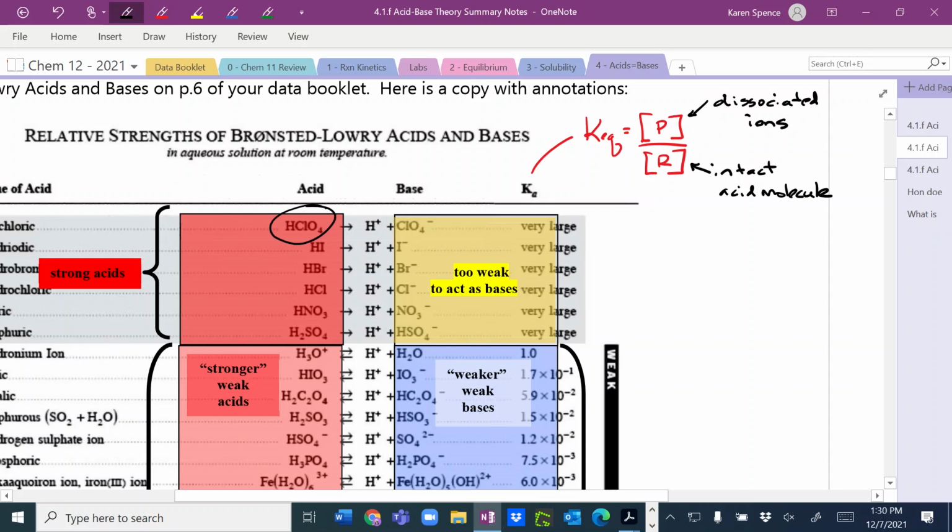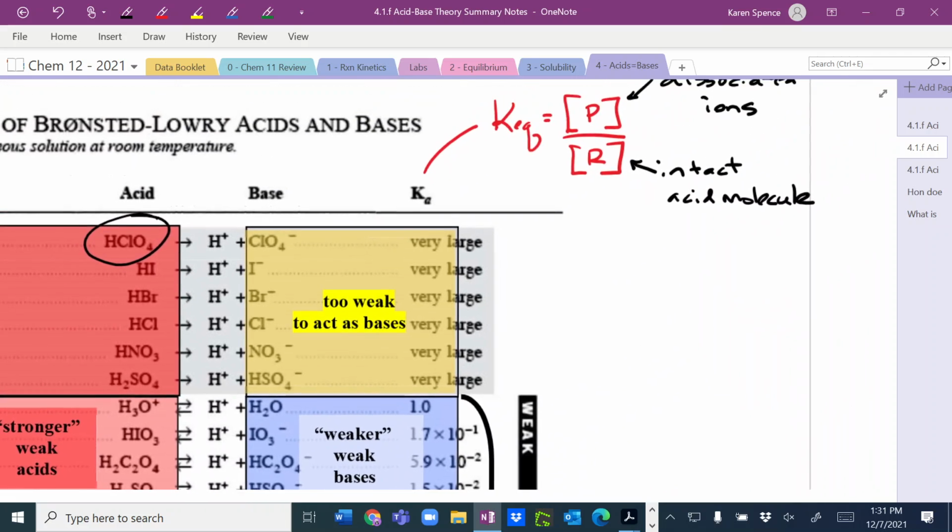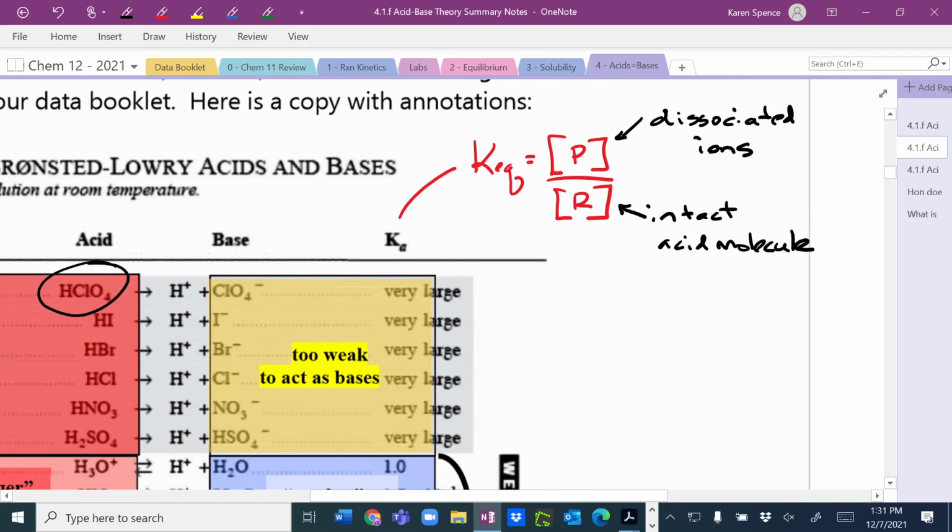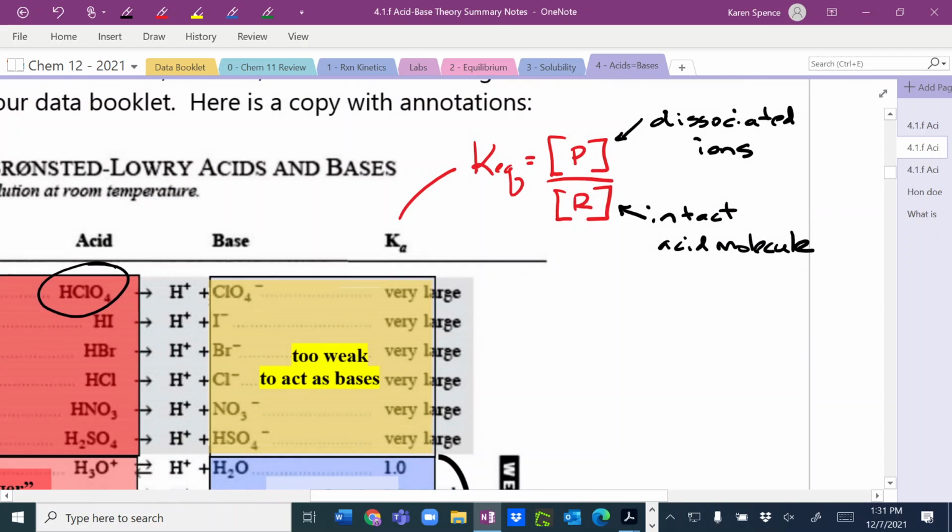So when we say very large, we basically mean that the thing has dissociated completely. So up in that gray zone, what do you notice about all the arrows? Okay, they're all one-way arrows.